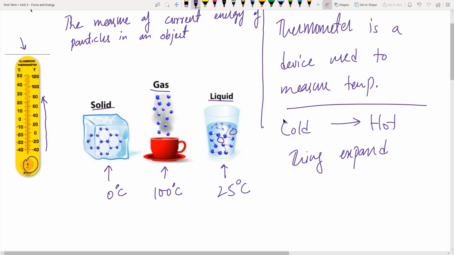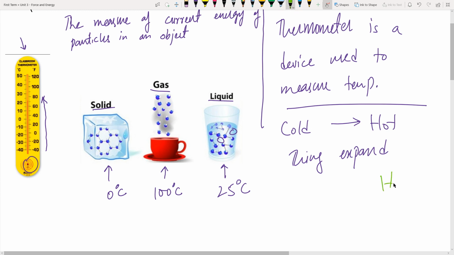I'm just going to show you a simulation of how the temperature, or the hotness or coldness, is going to affect the particle movement, and how things are going to expand, right? So I'll be discussing that in a moment, but for now, just consider the fact that when you move from cold to hot, things expand. And when you move back from hot to cold, let me just change the color so that this doesn't cause any confusion.